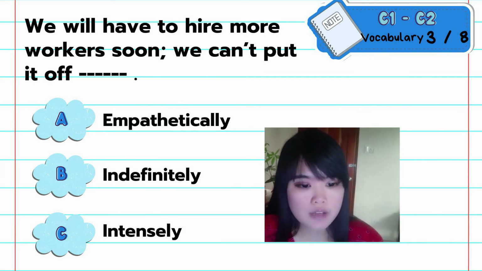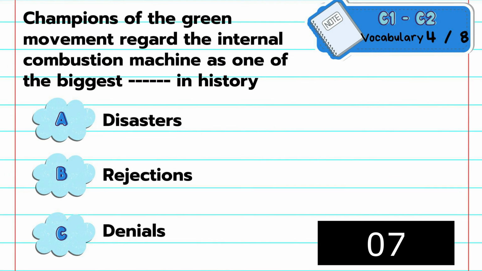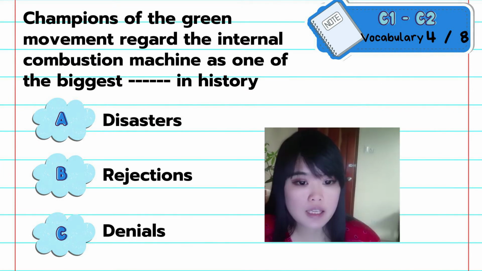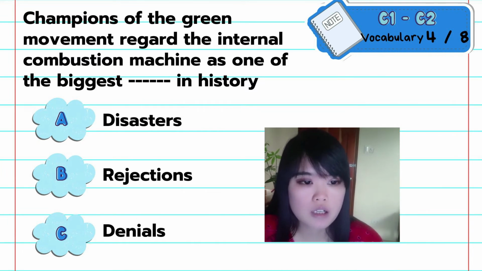B. Indefinitely. We will have to hire more workers soon. We can't put it off indefinitely. A. Disasters. Champions of the Green Movement regard the internal combustion machine as one of the biggest disasters in history.